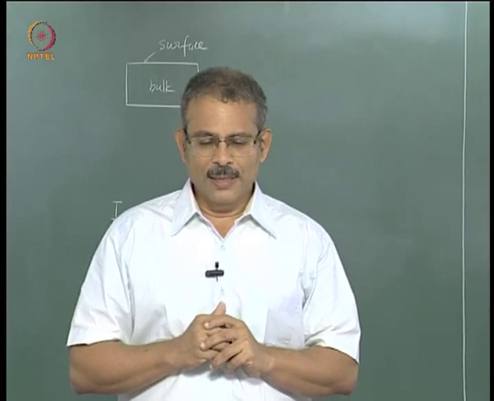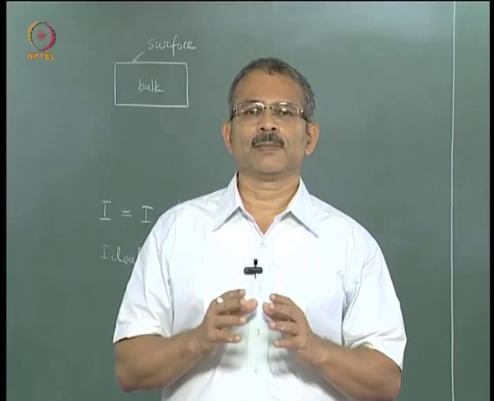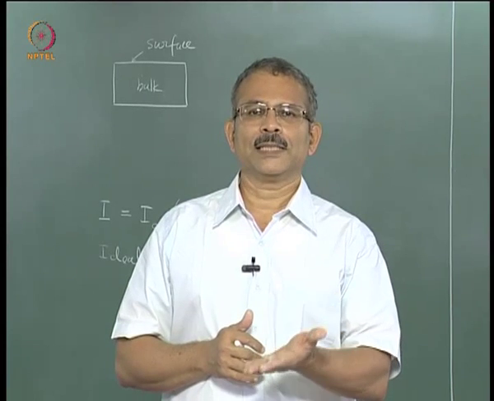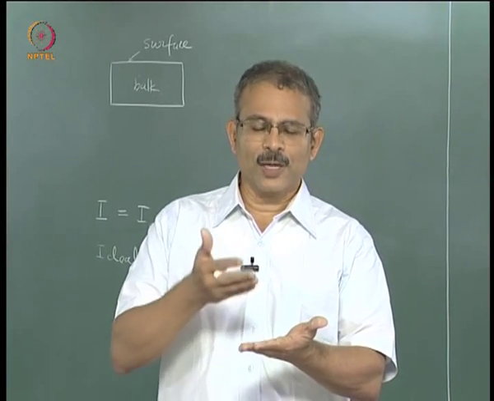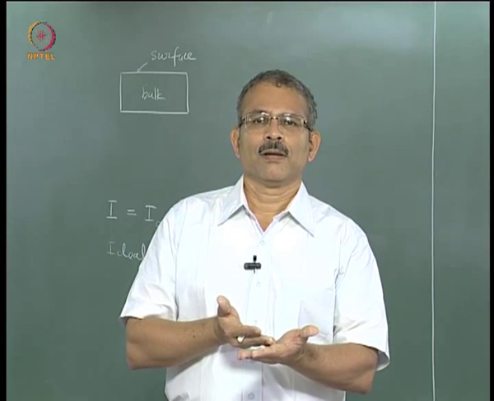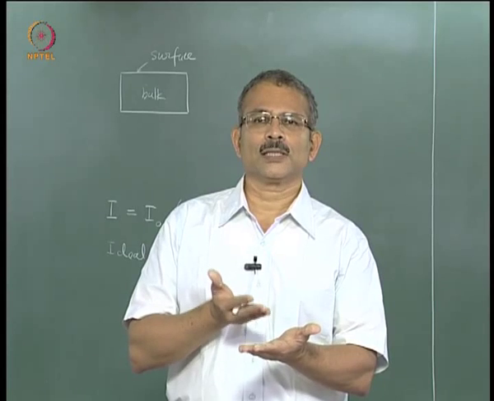Next point is that the equilibrium state is difficult to achieve, but a good starting point for modeling of charge transport in semiconductors. So in practice we may not be able to achieve the equilibrium state at all. For example, if I take a semiconductor block and place it in front of you, if you are able to see the block, it means light is falling on the block. Now the block is not under equilibrium.